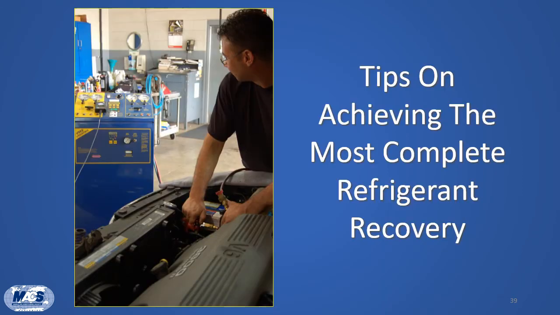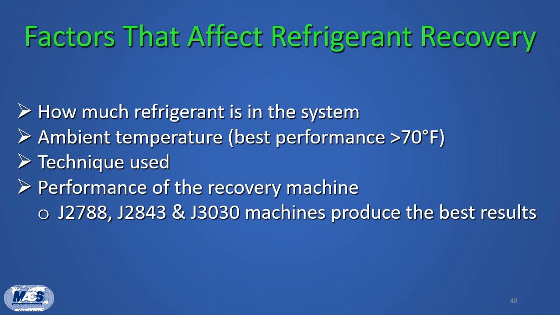And now for some tips on achieving the most complete refrigerant recovery. The amount of refrigerant that you can recover from a system depends on how much is in the system, of course, but also depends on ambient temperature, the technique you use, and the performance of the recovery machine itself. Since the end of 2007, RRR machine manufacturers have been building equipment that meets SAE standard J2788, which offers the best recovery performance compared with earlier machine standards.